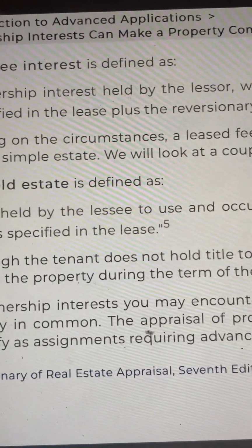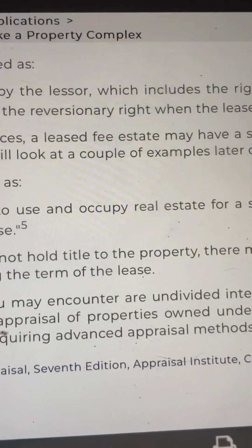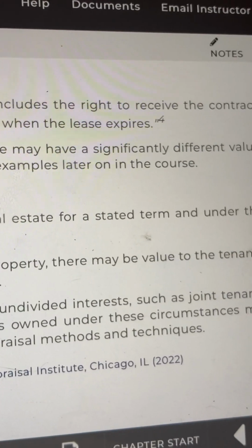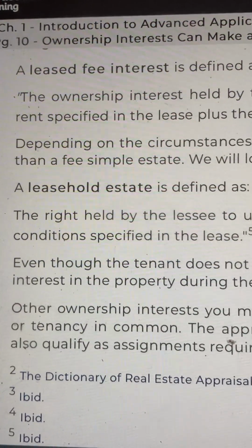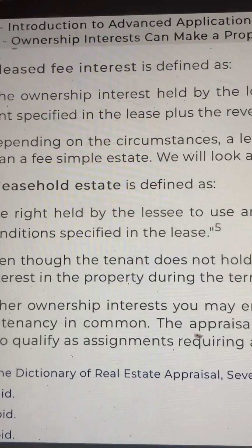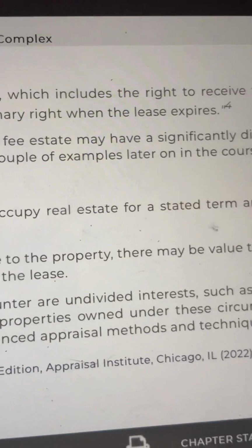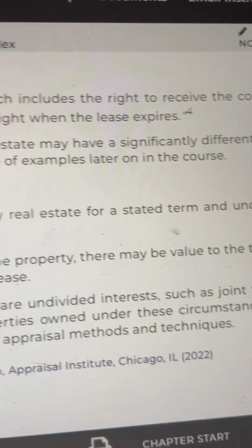Depending on the circumstances, a leased fee estate may have a significantly different value than a fee simple estate. We will look at a couple of examples later on in the course.